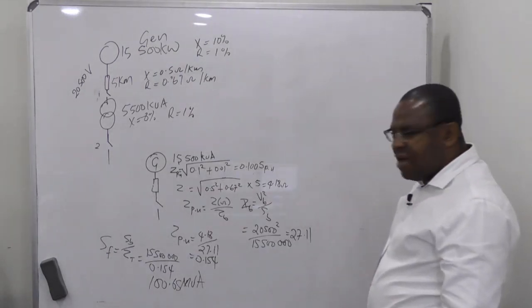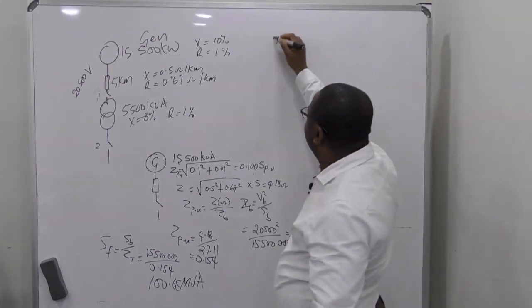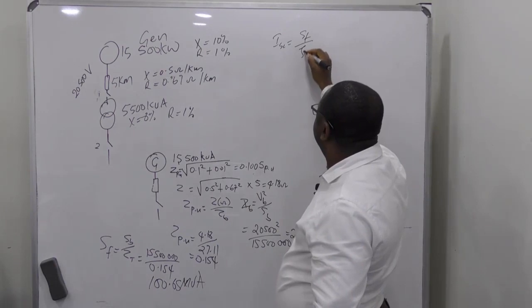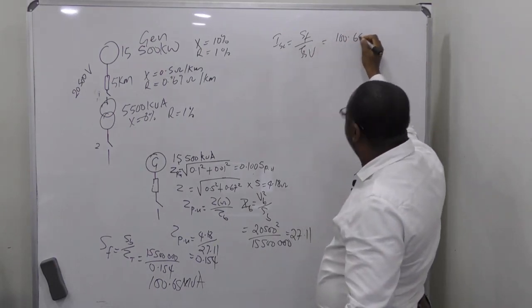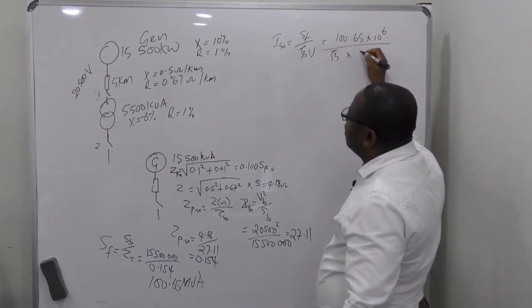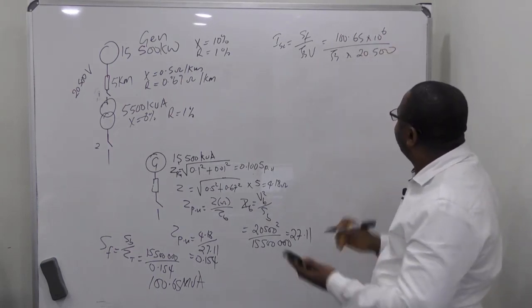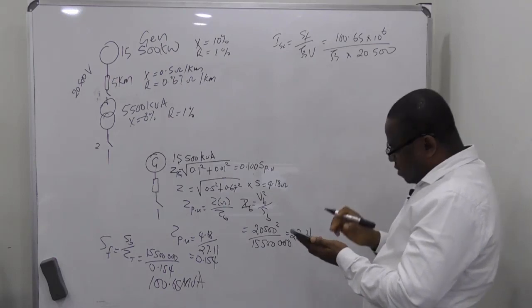You can convert that to fault current. I short circuit will be S fault over root 3 times the voltage, which is 100.65 times 10 to the power 6, divided by root 3 times 20,500 volts.